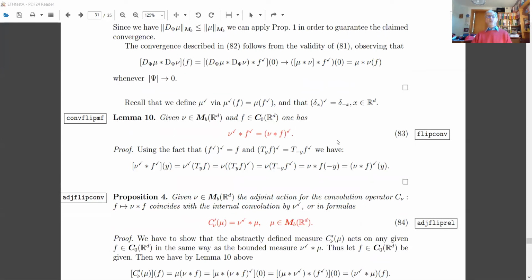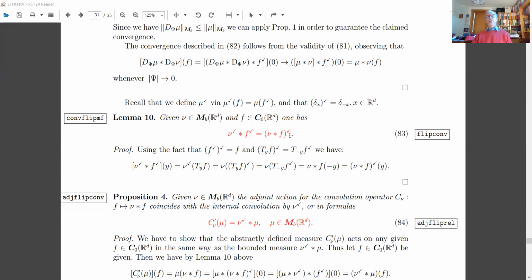And essentially, you could use such an argument to show that what I told you about convolution with or without flip is not a big difference. To be consistent with the books and the mathematical literature, we're using the flipped version, because then convolving with the Dirac at x is the shift operator by x.